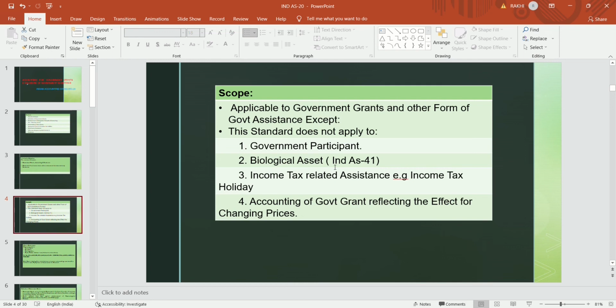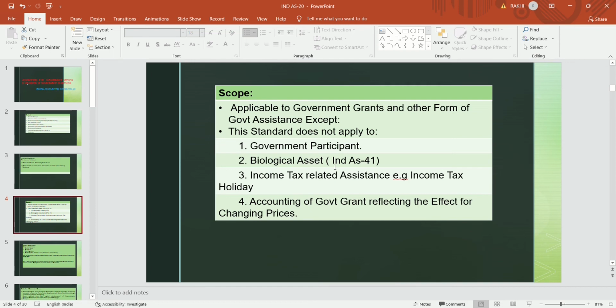If the government holds 10% or 20% or 40% of the equity and provides any kind of assistance, that is not a grant or assistance, because the government itself is a participant in that company.